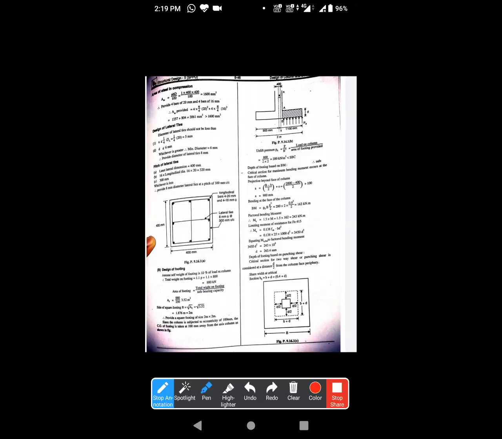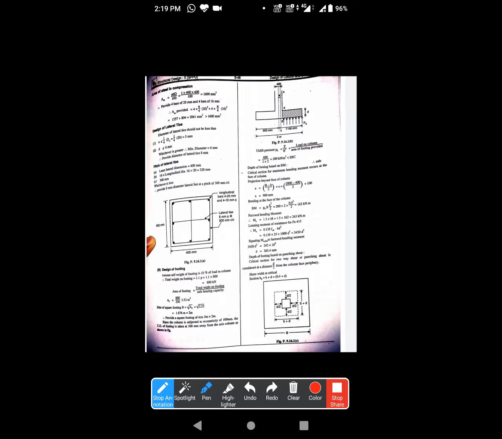Therefore you have to provide a square footing of size 2 meter by 2 meter. Since the column is subjected to an eccentricity of 100 mm, the center of gravity of footing is taken at 100 mm away from the axis of the column, as shown in the figure.